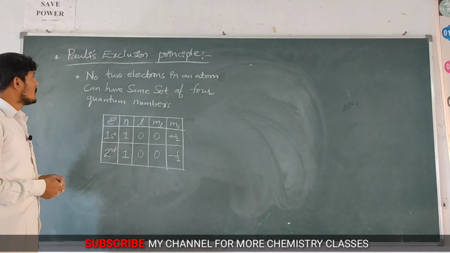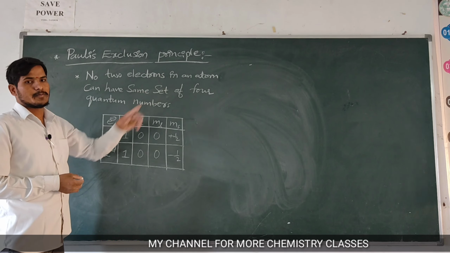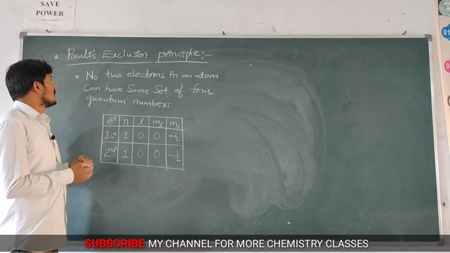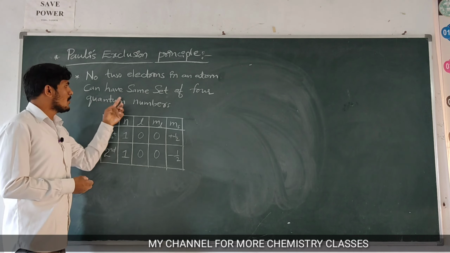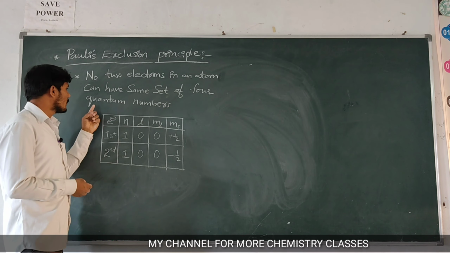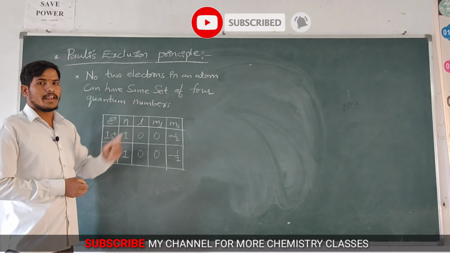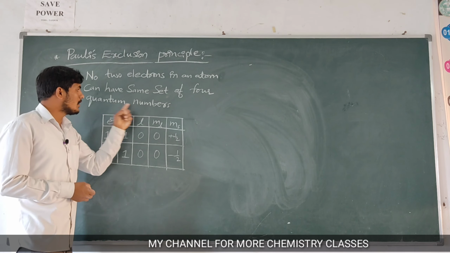Now students, we are going to discuss Pauli's exclusion principle. Pauli's exclusion principle says that no two electrons in an atom can have the same set of 4 quantum numbers. Once again, no two electrons in an atom can have the same set of 4 quantum numbers.